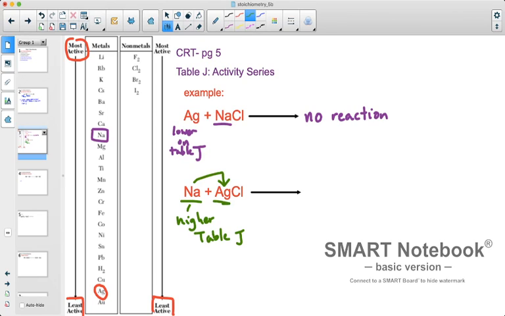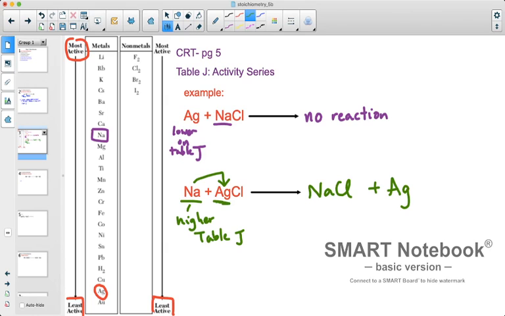That octet is not strong enough to be held by Ag, so Na will take it. My products now become NaCl, and I'm just going to write the elements first and check it later, plus now Ag is by its lonesome. It now becomes the single element because it wasn't strong enough to keep its octet with chlorine.